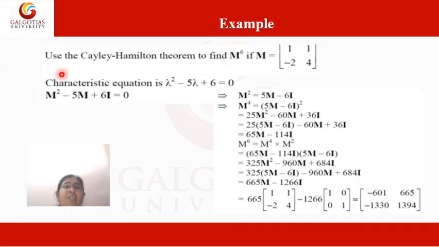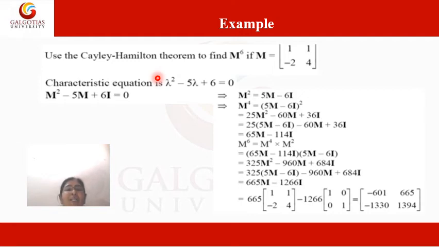Next is: use Cayley-Hamilton theorem to find M^6 if M is [1 1; -2 4]. So I have to find M^6, and the M matrix is given with these entries. Now again I will write the characteristic equation for M. The characteristic equation will be determinant of M minus lambda I equal to 0.